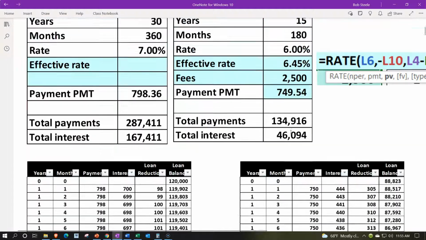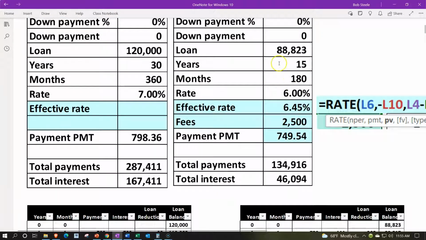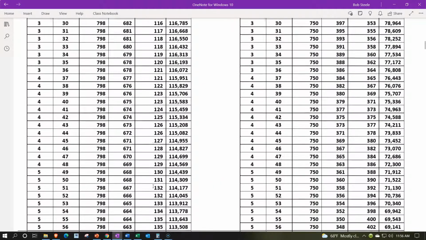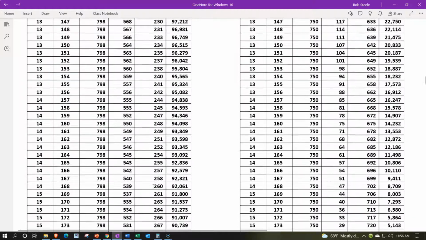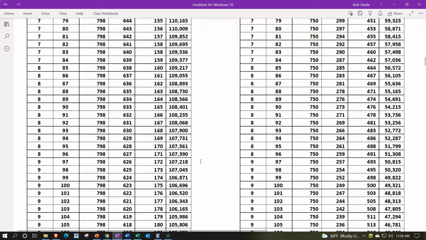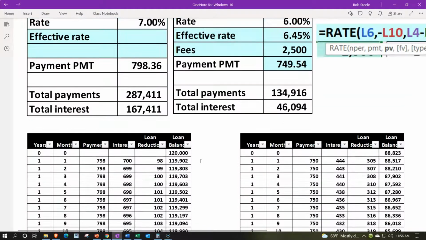The second one, we're imagining the opportunity after 15 years had passed from this loan to start the new loan for the loan balance after 15 years, which in this case, if I go down this amortization table for 15 years right there, that 88,823, that's where we would be standing in our imagined time frame, 15 years from the first loan. That's when our story starts in terms of whether or not we're going to refinance.